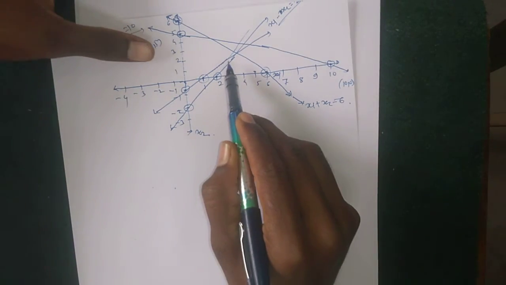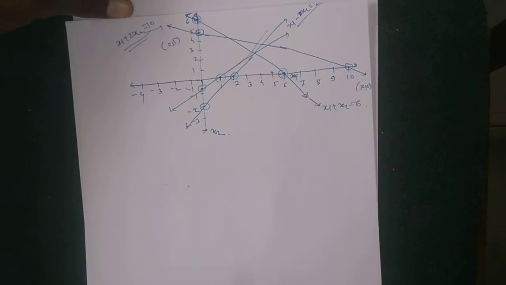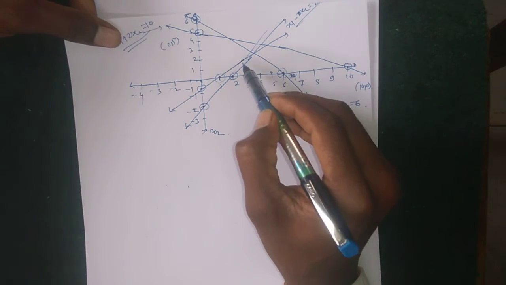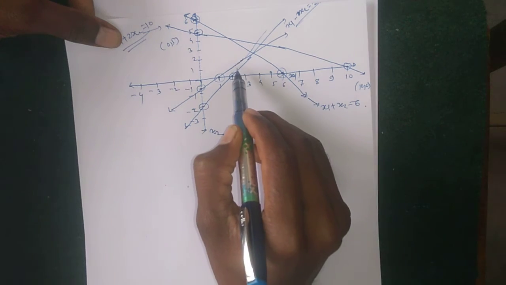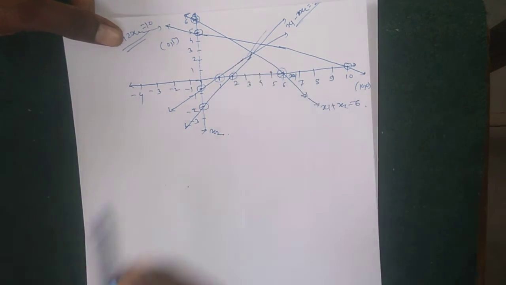By using scale we take these lines. Then we get exactly the graph here.